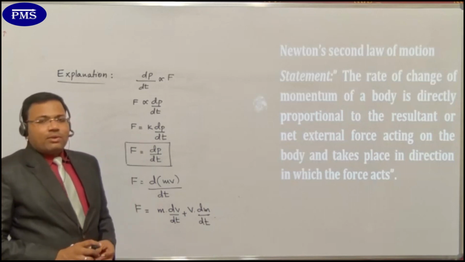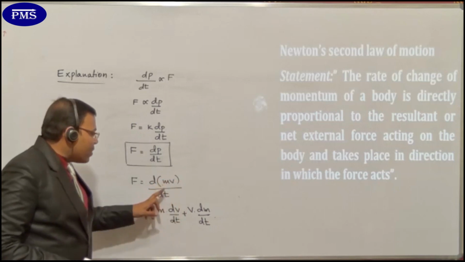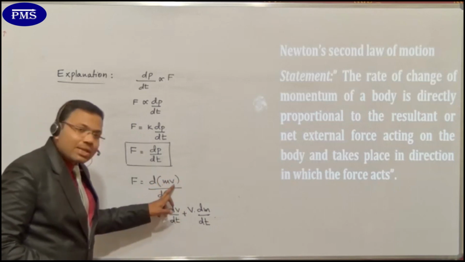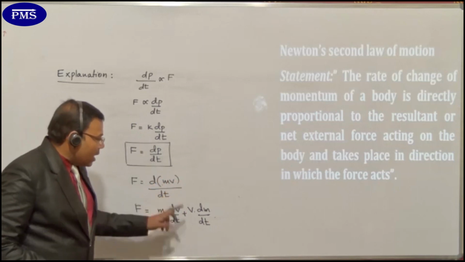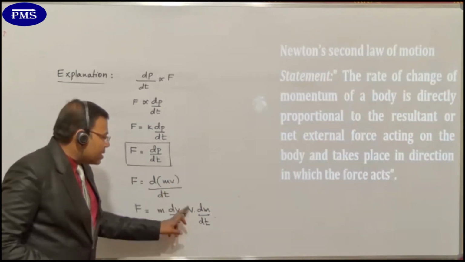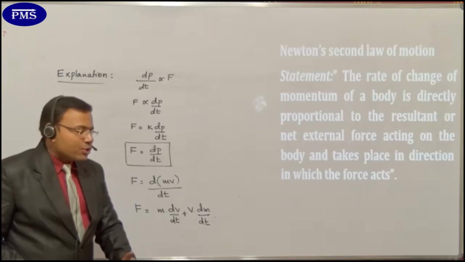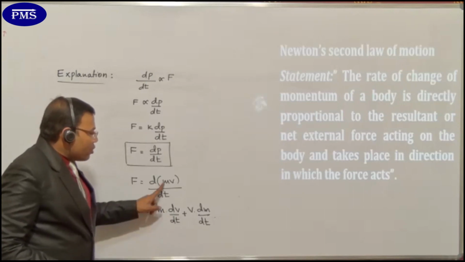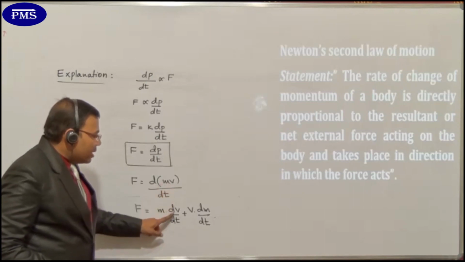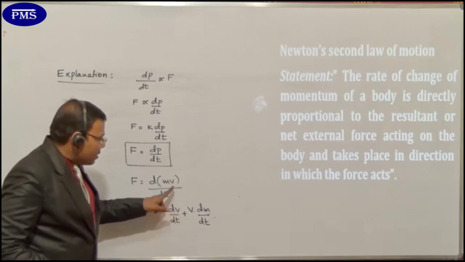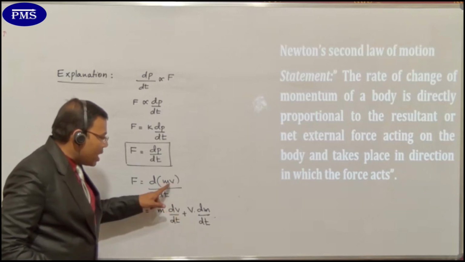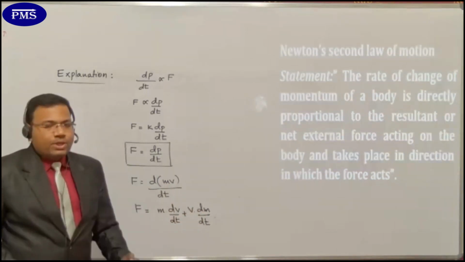What is this UV rule? Keep the first quantity as it is, differentiate the second quantity. Next, keep the second quantity as it is, differentiate the first quantity. So m as it is, differentiate v as dv by dt, plus v as it is, differentiate mass as dm by dt. I hope it is clear.